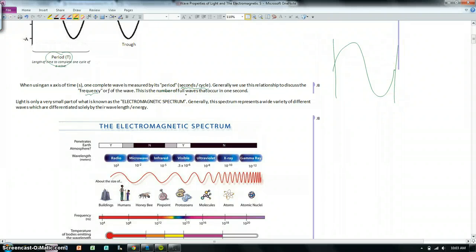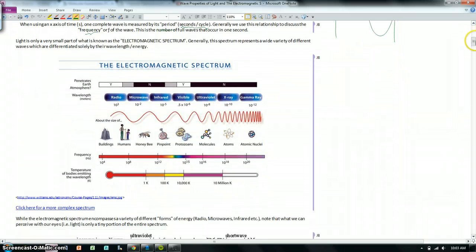Okay? The different wavelengths of electromagnetism give us different types of waves or rays. Okay? So the longer it is, the longer a wavelength. We usually use this symbol here, which is wavelength.